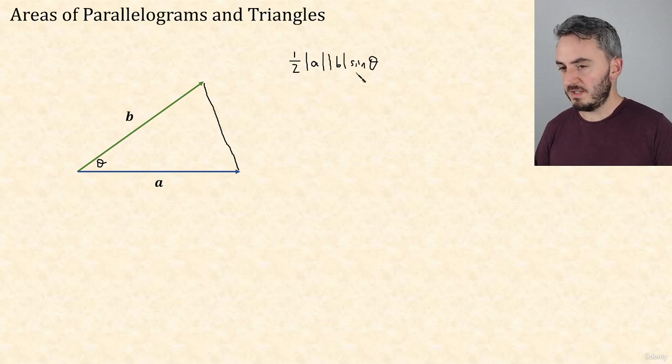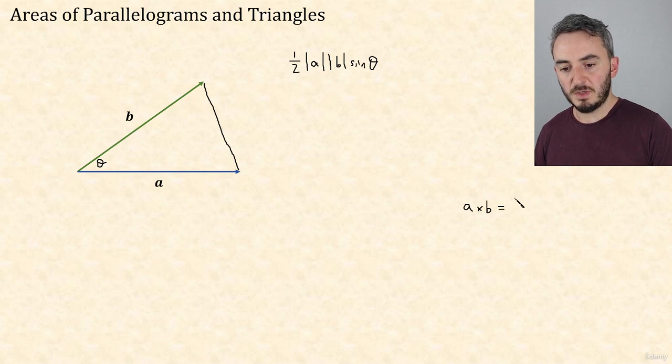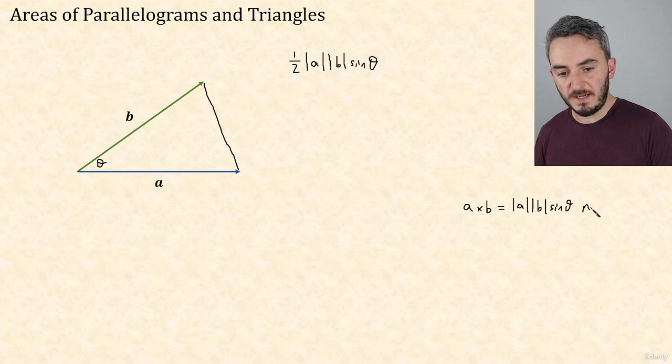But notice that is almost exactly the formula for the vector product. In fact, all that's missing, aside from this half here, is the n hat that we get at the end of the cross product. But that n hat is just telling you the direction. In fact, recall that the cross product formula of A cross B, the vector product, is modulus of A, modulus of B, sine theta n hat.